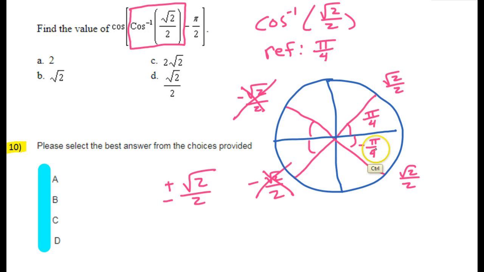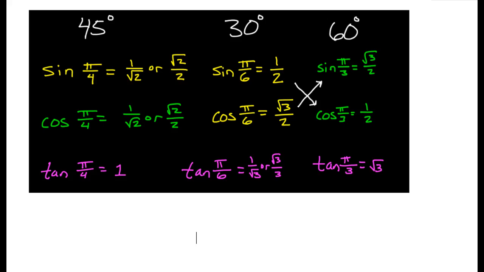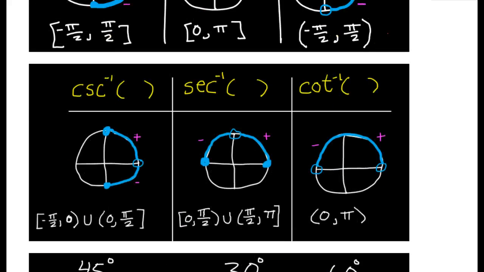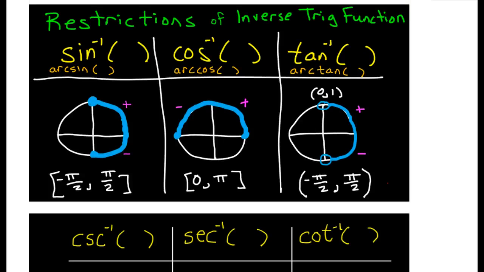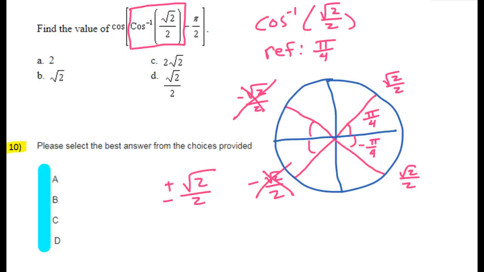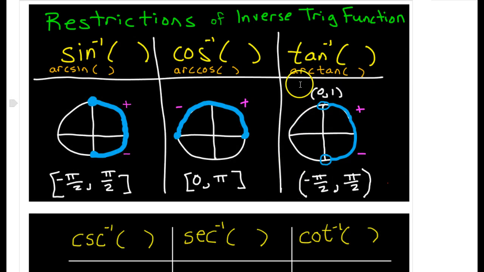So, which one is the right answer? To answer that, we need to remember that inverse cosine has restrictions. All of the inverse trig functions come with restrictions, specifically to solve this problem. You can't have a function that has more than one answer. So to narrow it down, they made these restrictions.